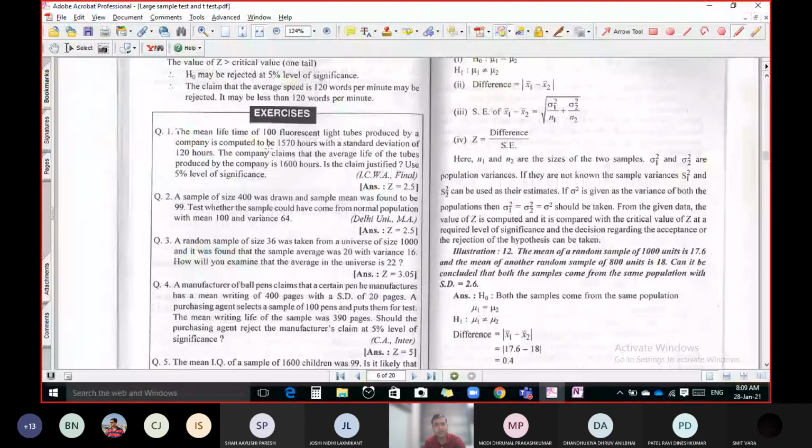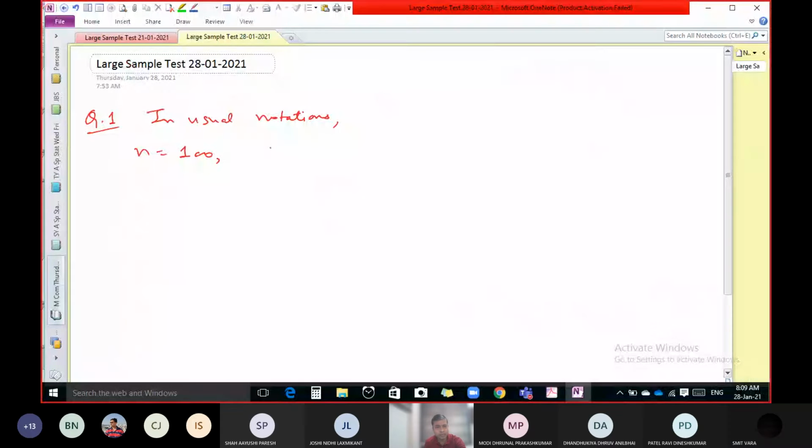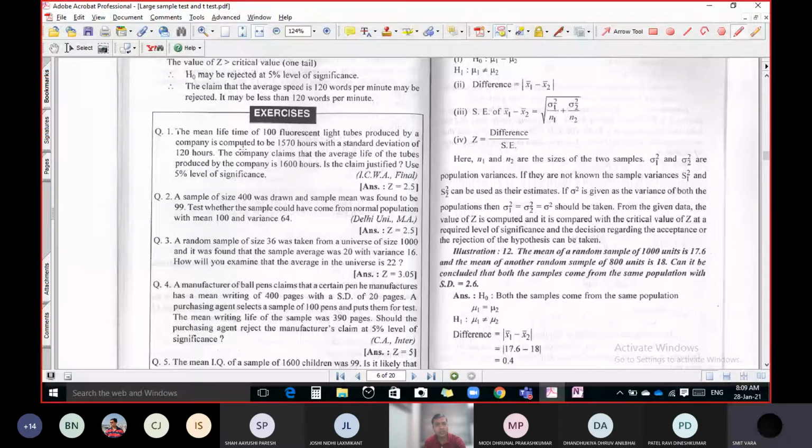What is 1570? No, it is not H naught. It is the average.